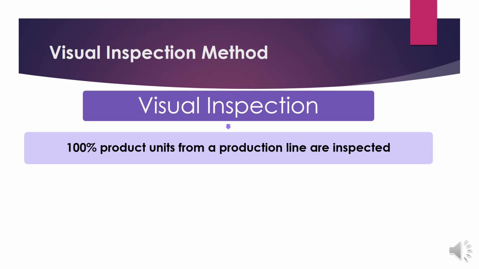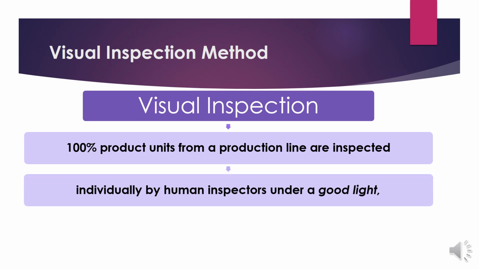In this stage, 100% of product units from a production line are inspected, meaning that each container, each vial or ampule from the production line of a batch or a lot is inspected for the presence of particulate matter, especially visible particulate matter, visible particles.